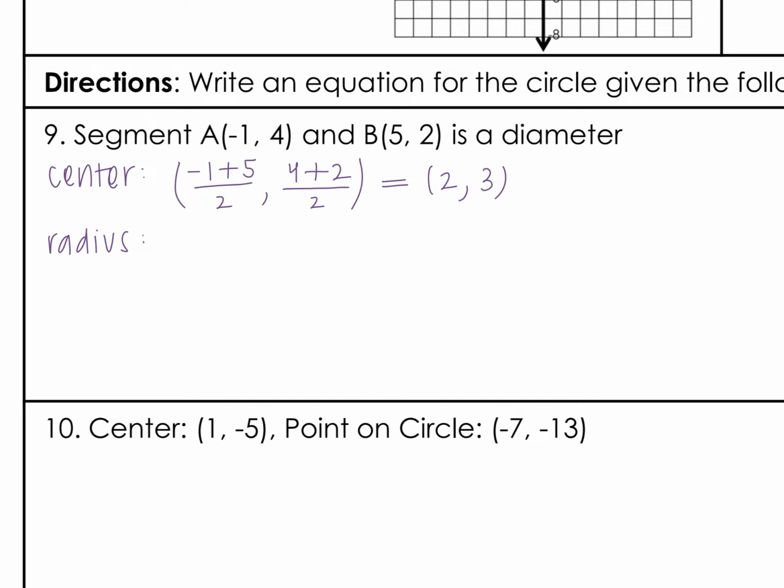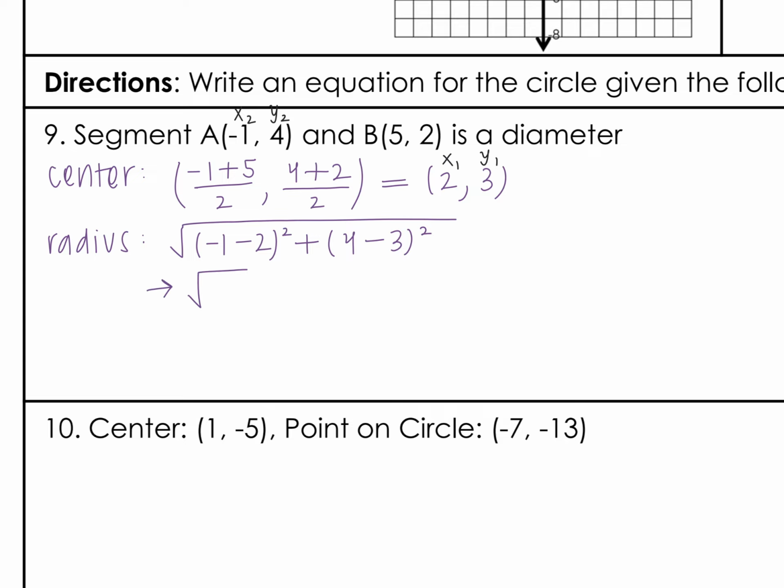And so because of that, I'm going to plug into my distance formula using my x1, y1 as my center, and then I'll just go ahead and use A as my x2, y2. So I will get -1 minus 2 squared plus, and then we'll have 4 minus 3 squared.